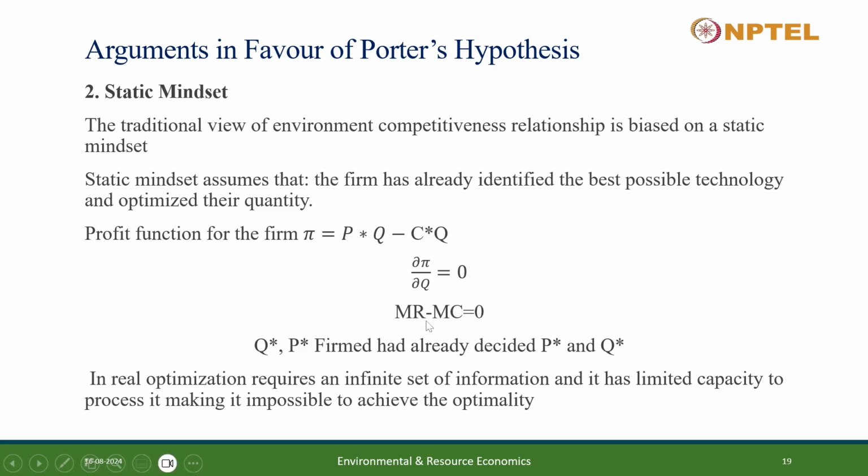So what we are saying is marginal revenue is equal to marginal cost, right? So in a static mindset, all the firms are at optimality, like they have optimal quantity and optimal price which is being discovered.